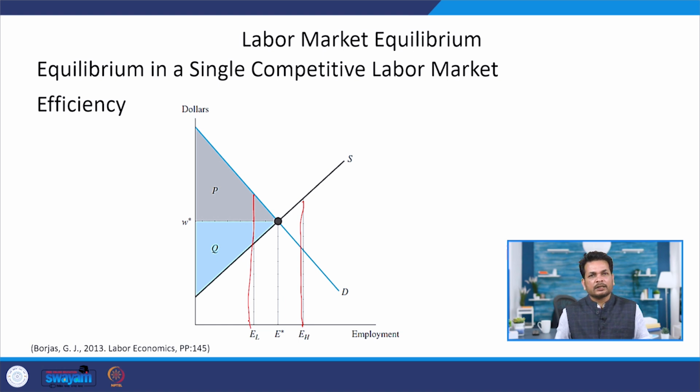The excess workers at EH have a value of marginal product that is less than the value of time they could have spent elsewhere. So, in effect, these EH workers are not being efficiently used by the labor market; they are better off somewhere else.